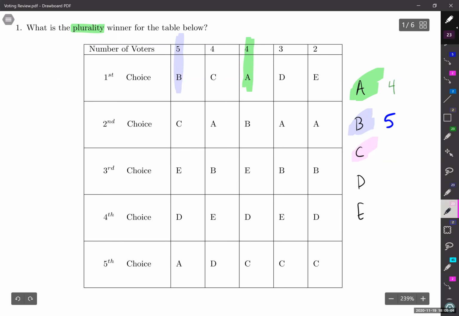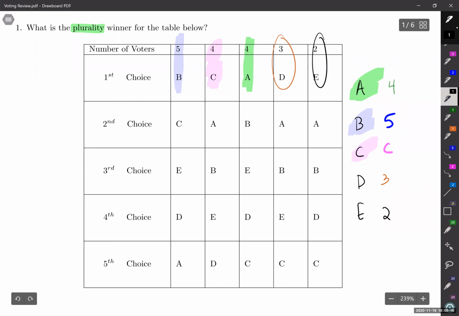C got 4. D got 3. And E got 2. So from this, I think we'd agree that B did secure the most points, right? B would be our answer there. And that's always going to be the process for plurality.